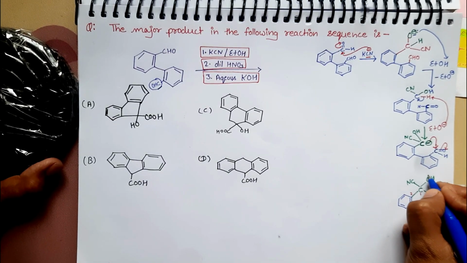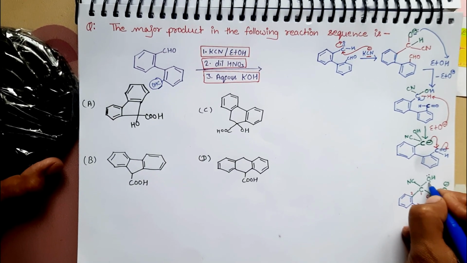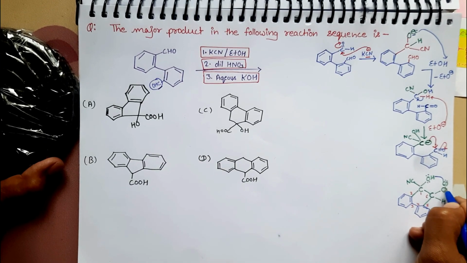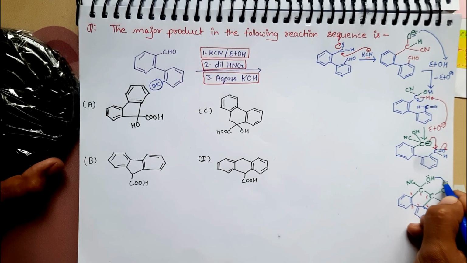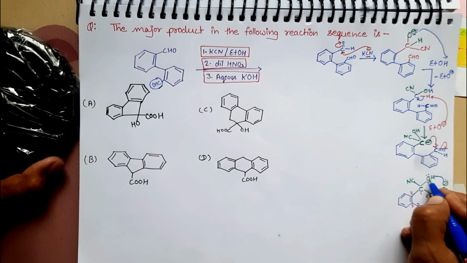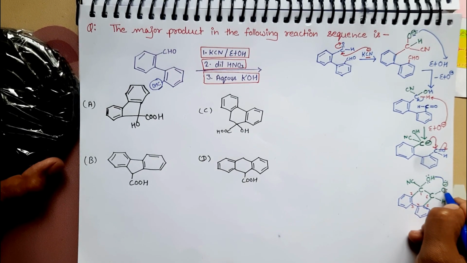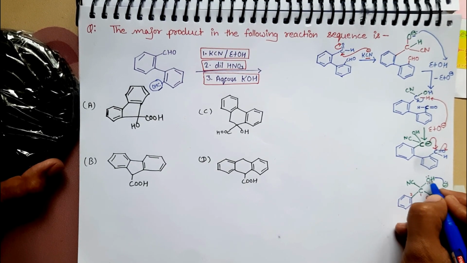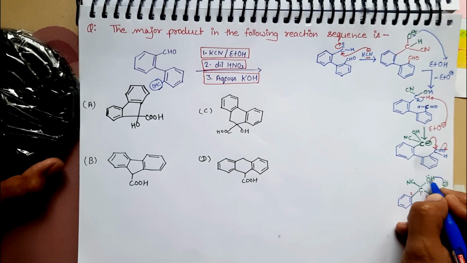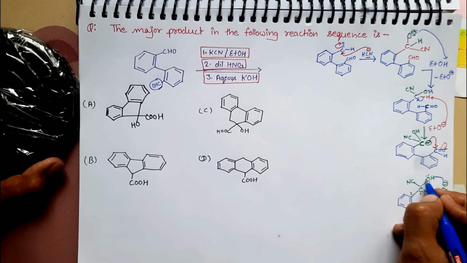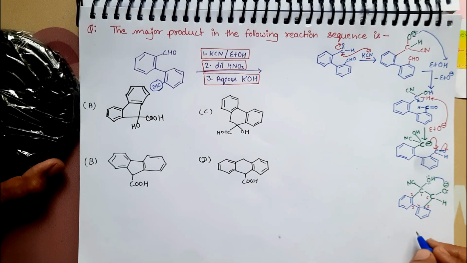So in the next step, what happens? This oxygen atom's electrons attract this hydrogen, and this hydrogen leaves this oxygen and bonds with this oxygen, and here a negative charge is generated because the oxygen hydrogen bond electrons shift to this oxygen atom.